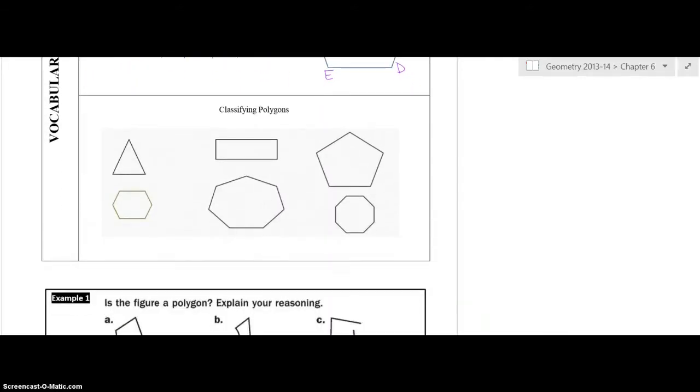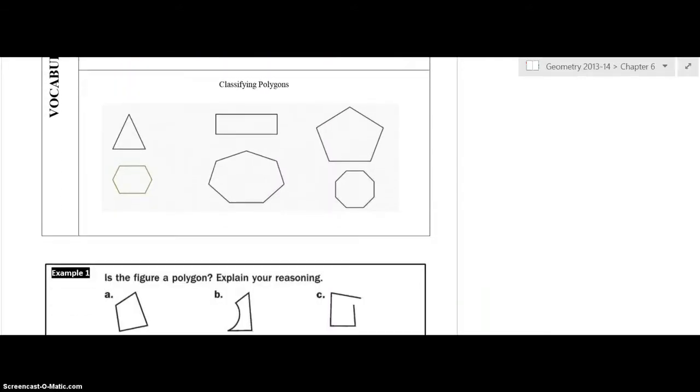Okay, so now let's talk about classifying polygons. If you look here, we've got a polygon with 3 sides, 4 sides, 5 sides, 6 sides, 7 sides, and 8 sides. And you guys probably know that this one is called a triangle. And the 4-sided figure is often referred to as a rectangle or a square.